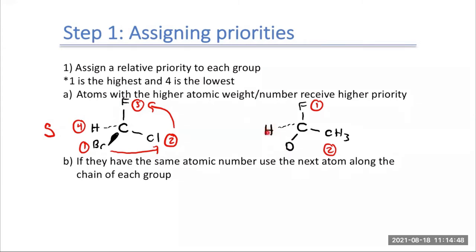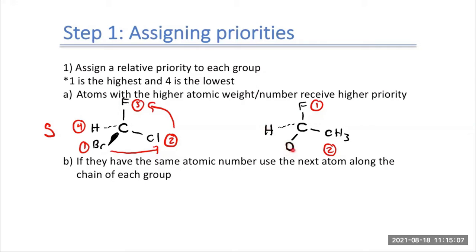They're both isotopes of the hydrogen atom. Remember, regular hydrogen is 1 proton, 1 electron. A deuterium is an isotope of that. It's 1 proton, 1 neutron, and 1 electron. So that means hydrogen here has an atomic weight of 1. Deuterium has an atomic weight of 2.